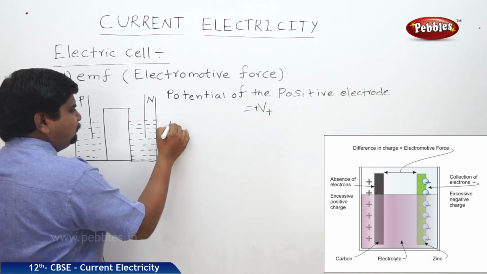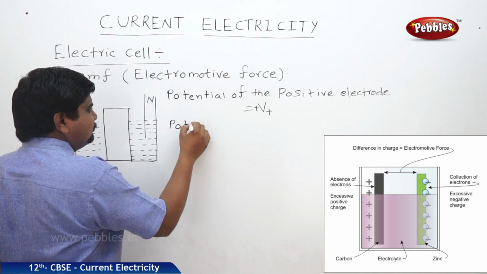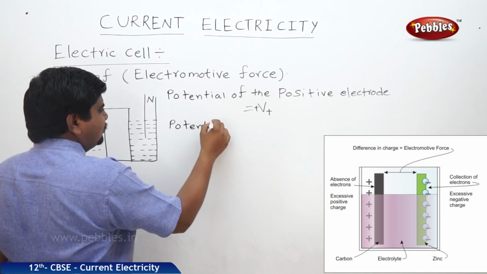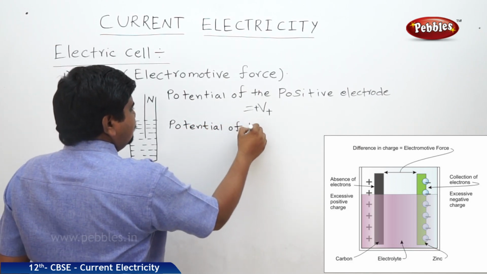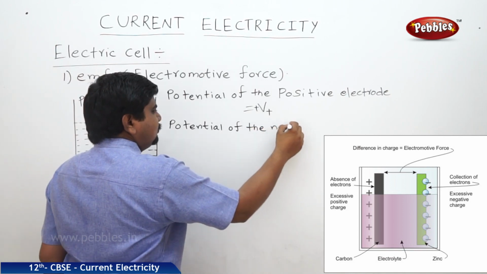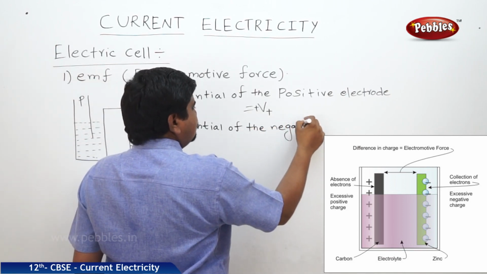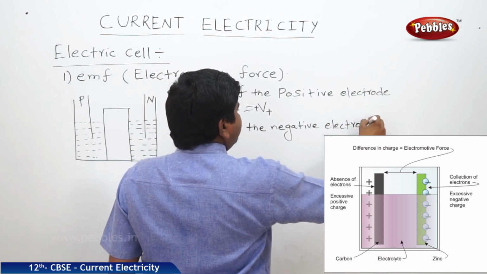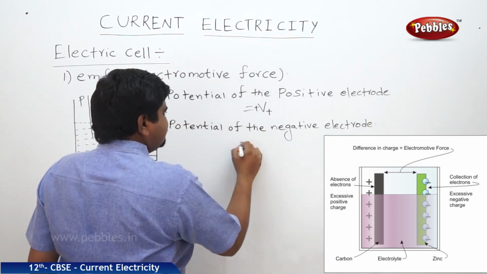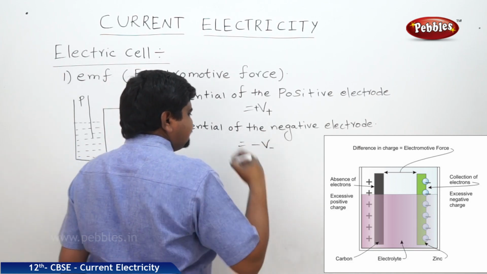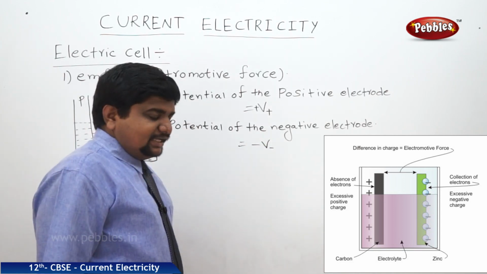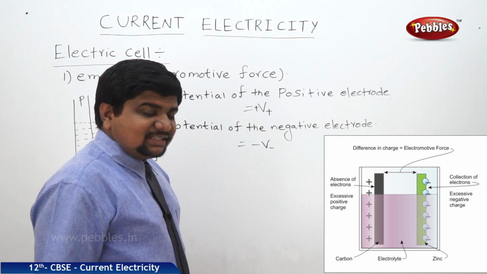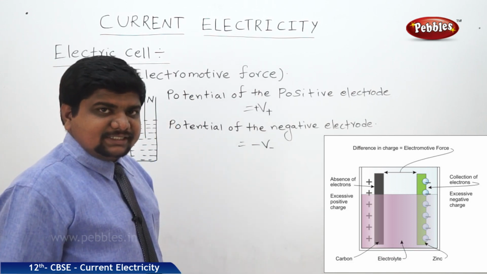Same way, the potential of the negative electrode we can say as minus V minus.